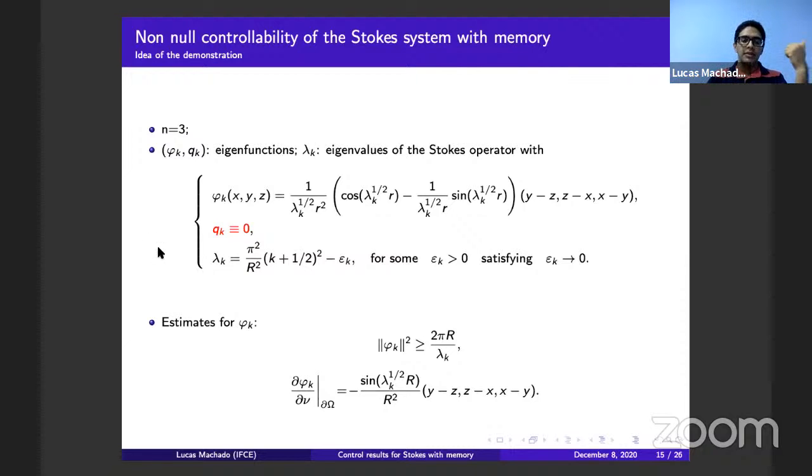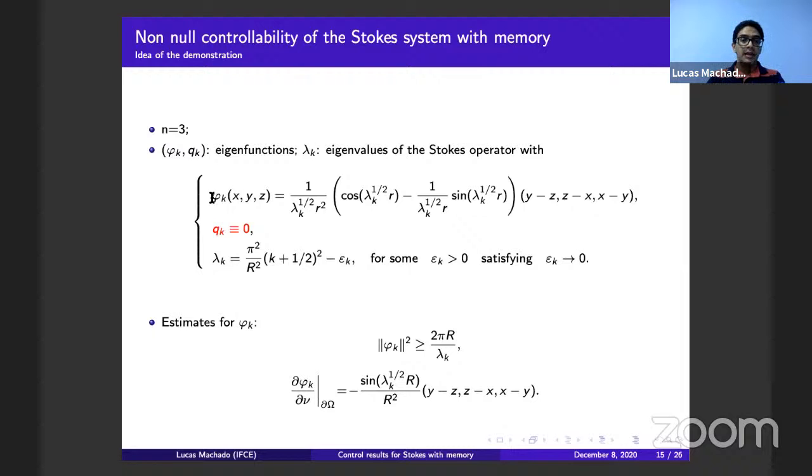Here we will consider the 3-dimensional case, okay, and the fact that we are in the ball allows us to obtain an explicit sequence of the eigenfunctions p_k and the eigenvalues lambda_k of the Stokes operator, okay.